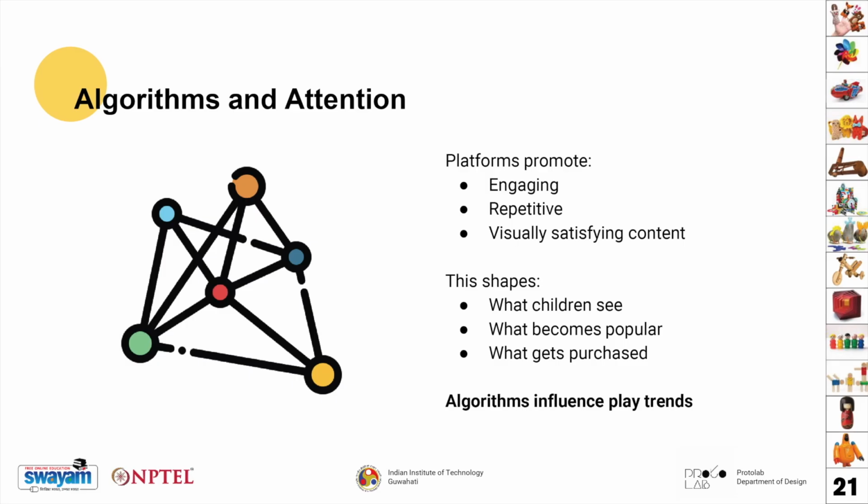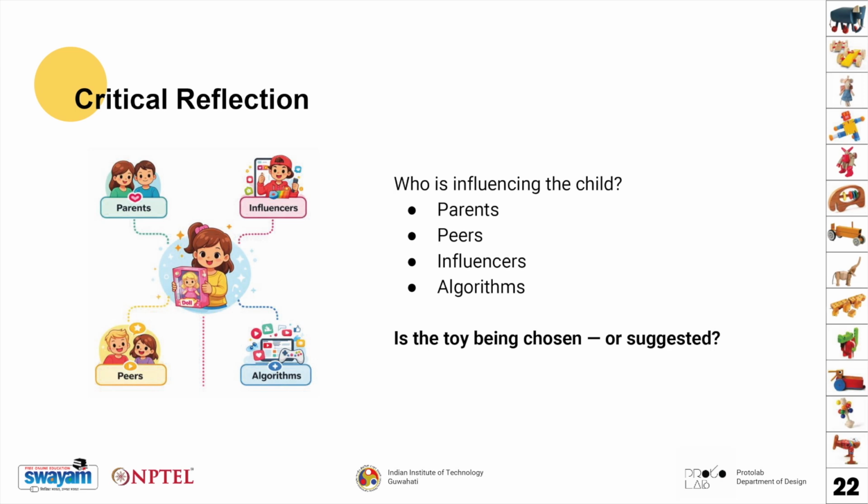For designers, this raises important questions about how products are shaped not only by user needs but also by platform dynamics. As we reflect on this section, it is important to step back and consider a broader question.